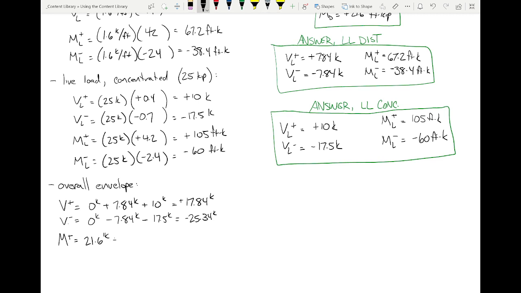The dead load moment, which is everywhere, plus all the positive moment range values. So what is that? 193.8.